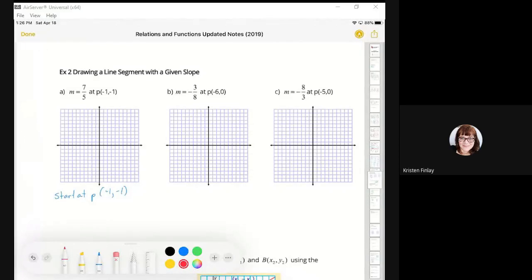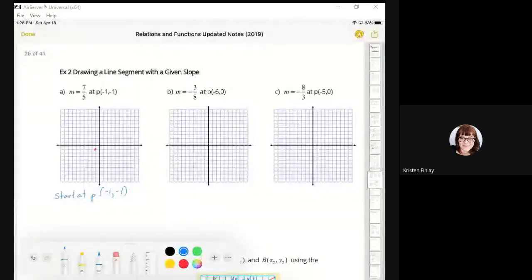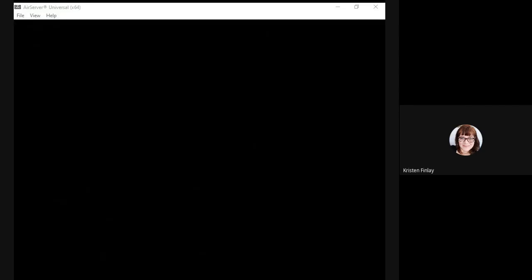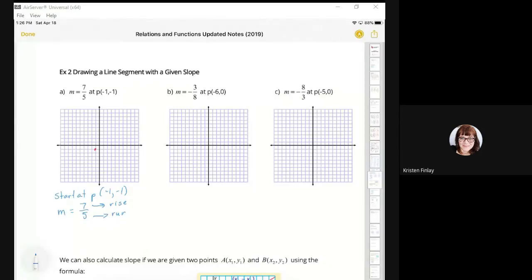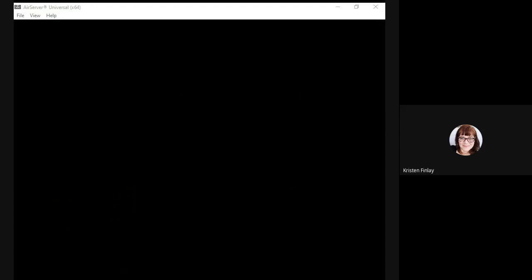So that's going to be here. And then it's telling you the slope. The slope is 7 over 5. So it rises 7 for the run of 5. So you're going to go up 7 and then go over, or go to the right 5.